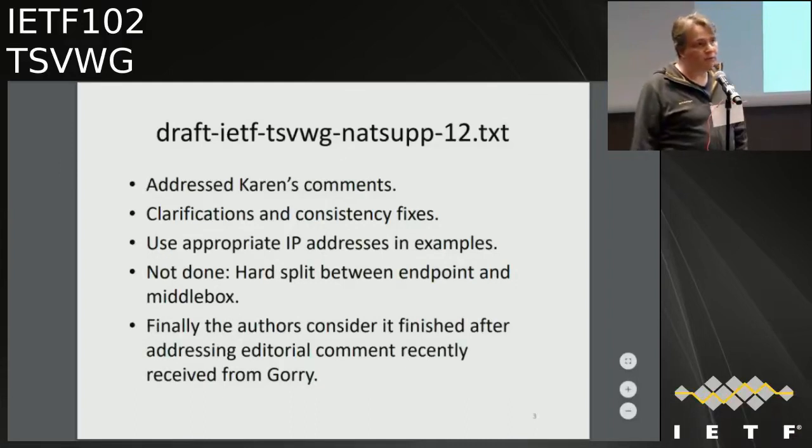One part to be read by implementers for NAT boxes, one part to be read by implementers of endpoints. And I didn't do it because I realized that some of the sections really apply to both. So the packet format has to be understood by both. The introduction is better read by both. Also the examples. So I didn't do that.